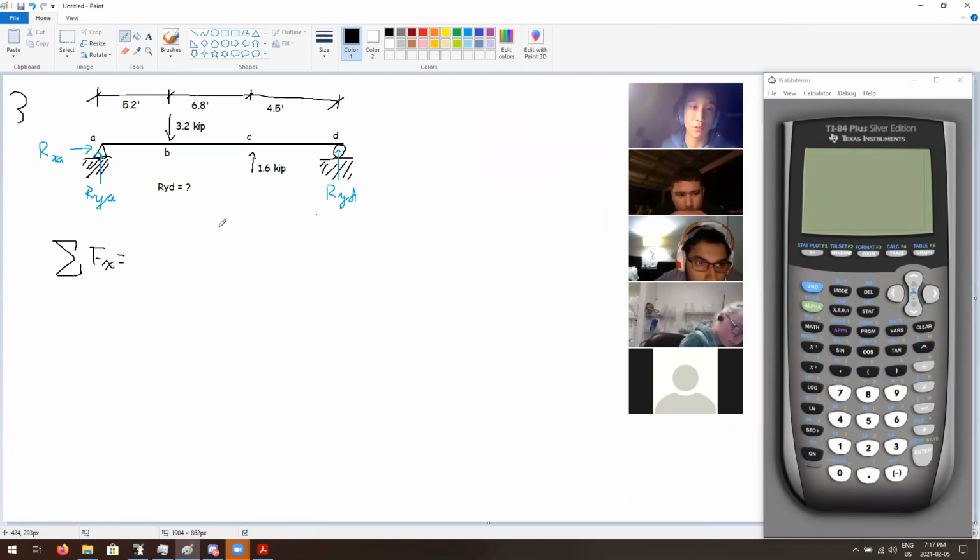Sum of F sub x equals 0. But there's only one force going in the x direction. That's R sub x A. 0 is equal to R sub x A.